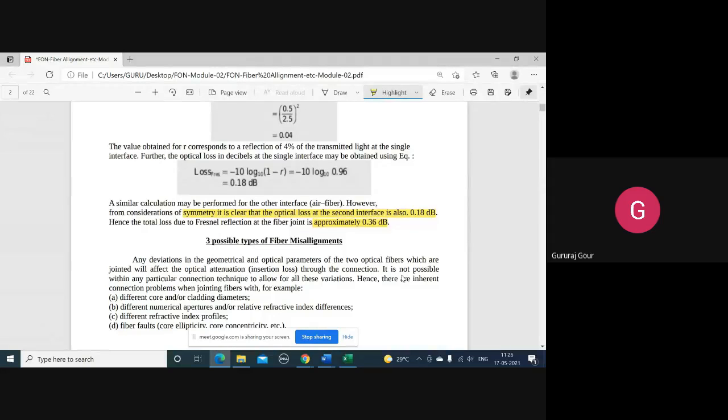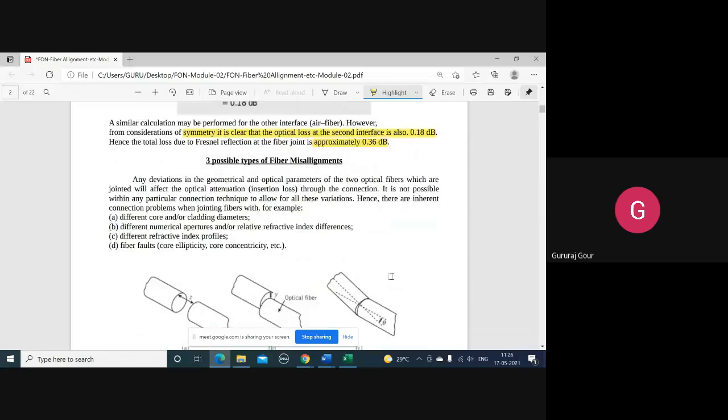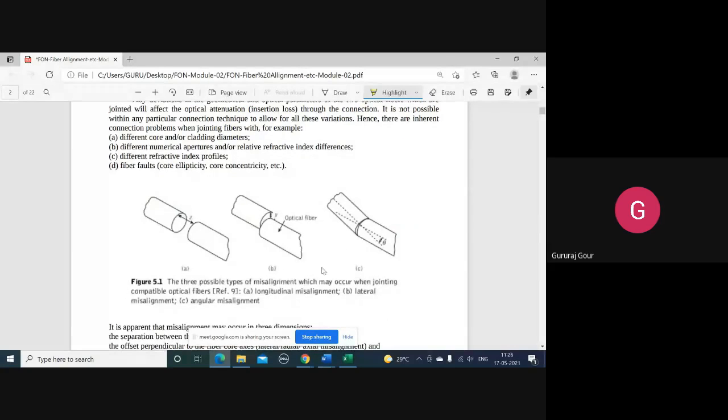We also came across three possible types of fiber misalignments: lateral shift or offset, longitudinal, and angular misalignments.